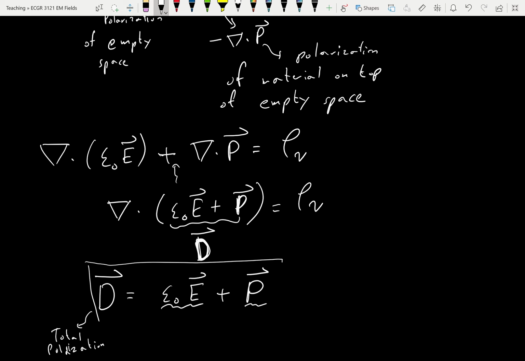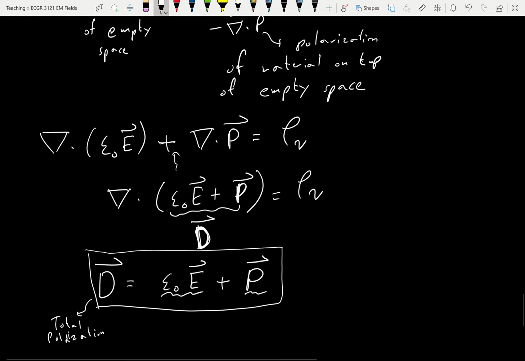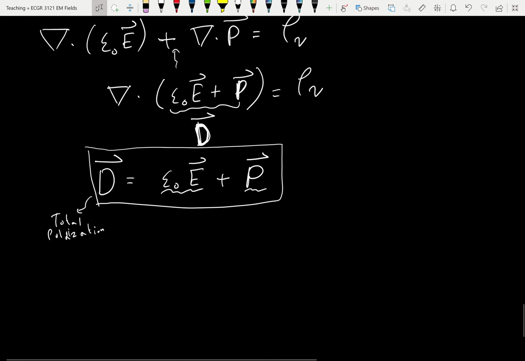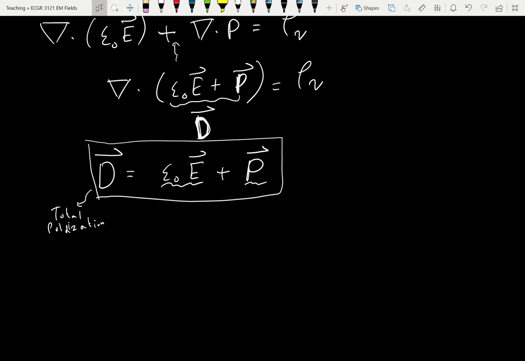This is the whole story of D. Okay, so P represents polarization in excess of the polarization that already is assumed to exist in free space, right? And P exists due to the dipoles that exist in the material.